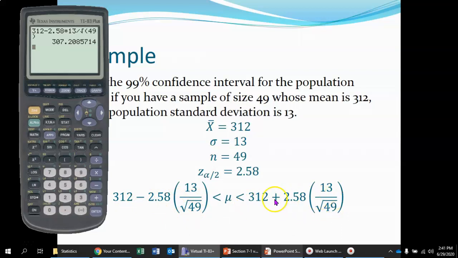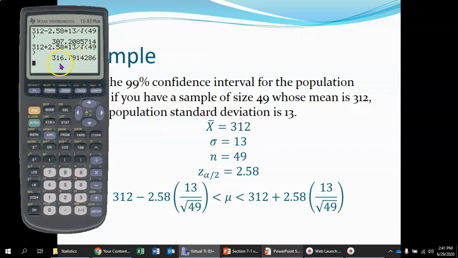To get the right endpoint, we need to calculate the same thing, only with a plus instead of a minus. And with many calculators, you can just go back and edit what you put in before and change that minus to a plus. So if I go back and leave everything else the same but change this minus to a plus, it gives me an answer of 316.79 something.